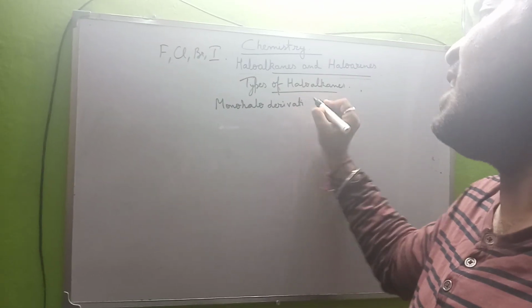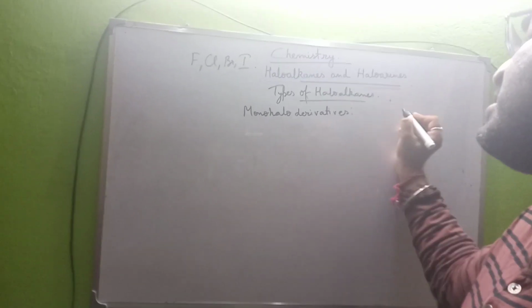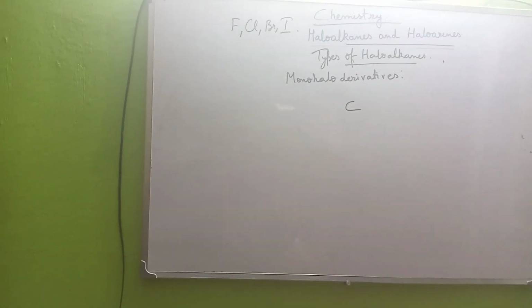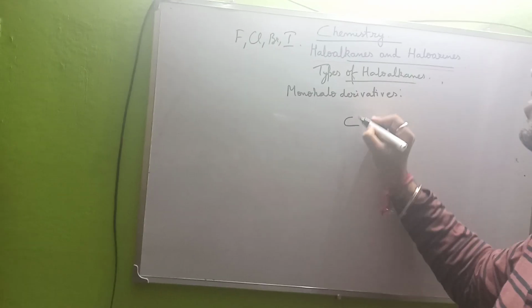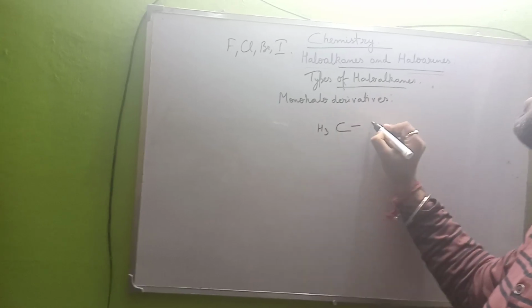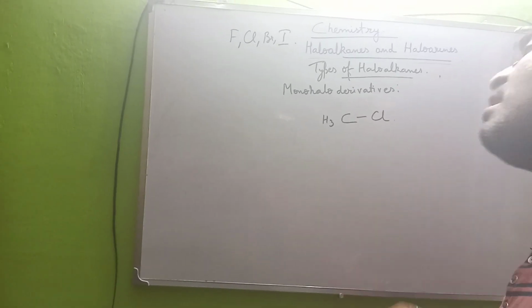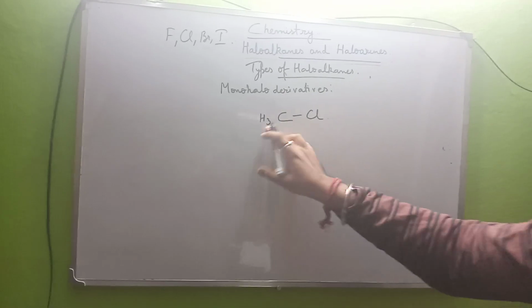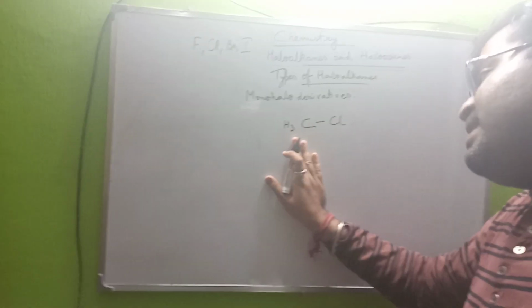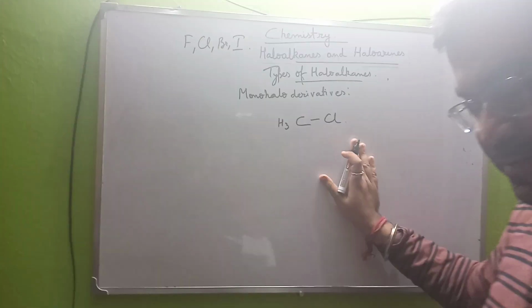When one hydrogen is replaced, we call it a monohalo derivative. Like CH3Cl, we can call it chloromethane or methyl chloride.